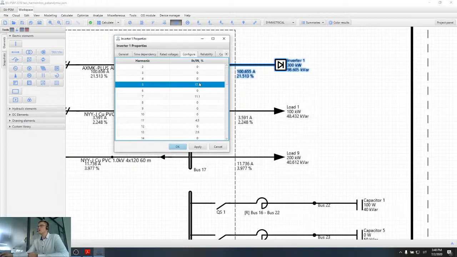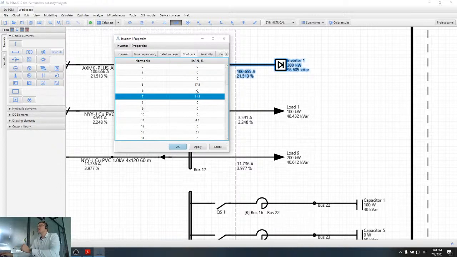So quite a huge current generated from the inverter. Then we have no 6th harmonic. However, this inverter is generating the 7th harmonic, and this 7th harmonic is equal to 11.1.